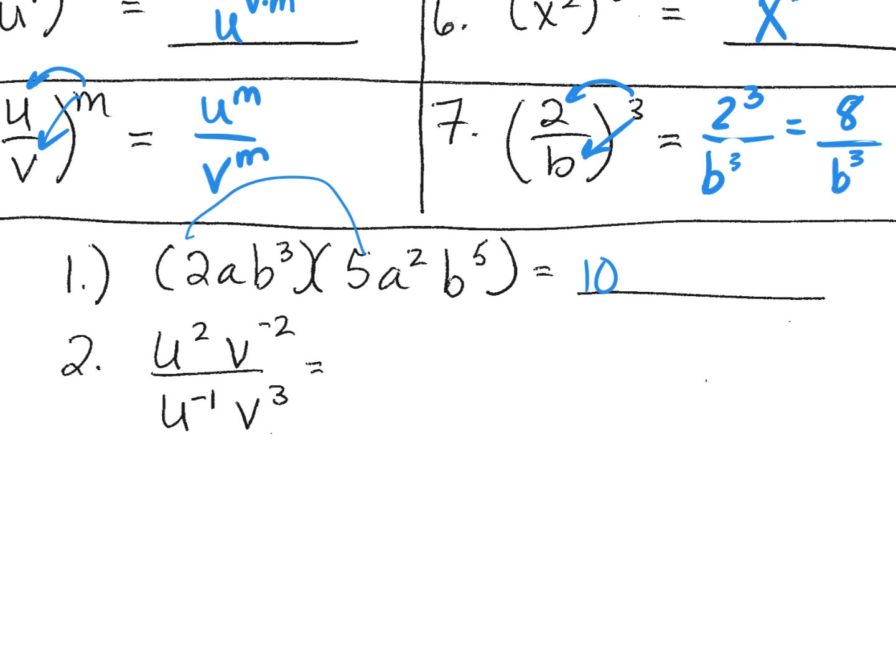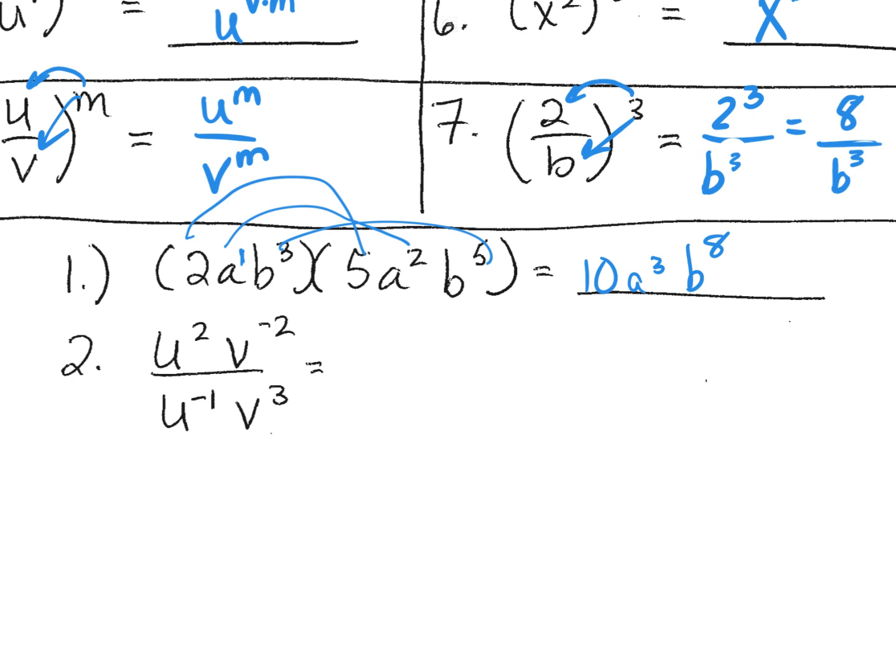A to the 3rd. Why a to the 3rd? The rule is that if we multiply with the same base, we add them. So there's an implied what here? 1. So then we're going to add those exponents. And so we get a to the 3rd, which means we get b to the what? B to the 8th.